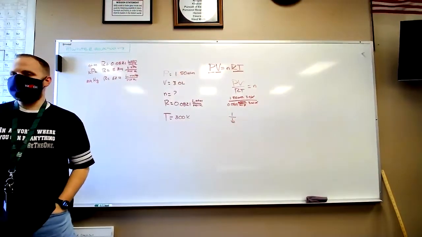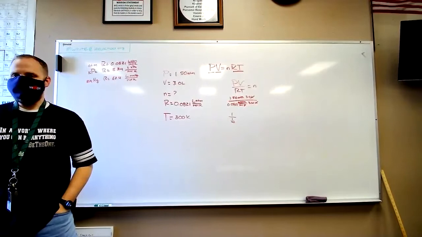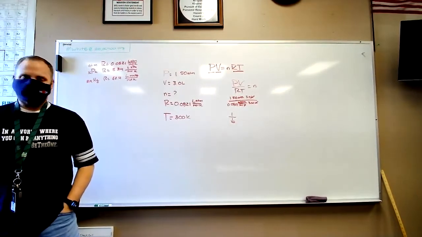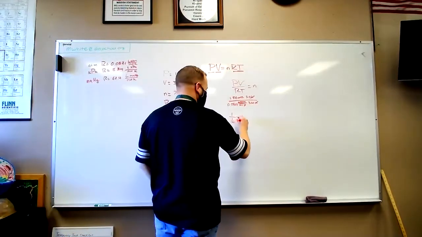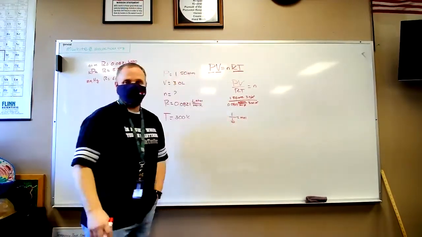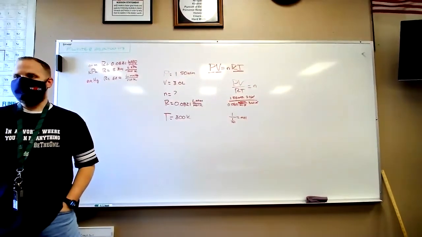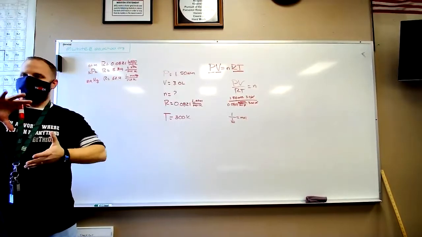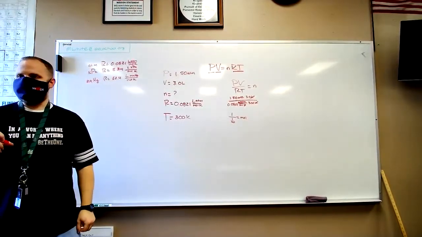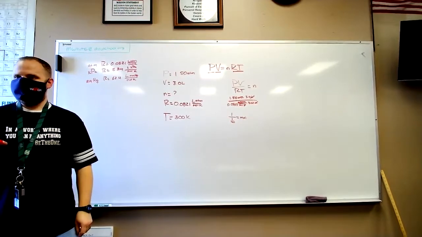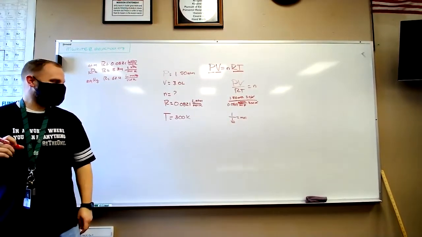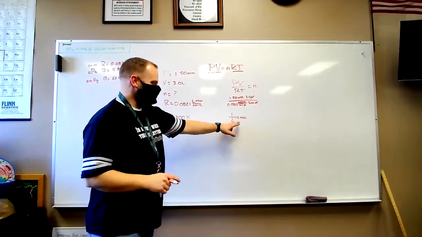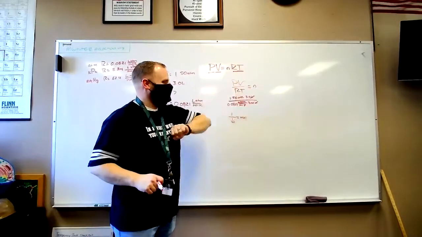Does that make sense? Is that a weird unit to have, 1 over? If you have 1 over a fraction, you just flip the fraction, and that's just moles. So the units we have left are moles, which is exactly what we want.